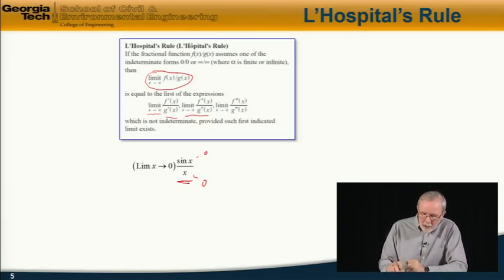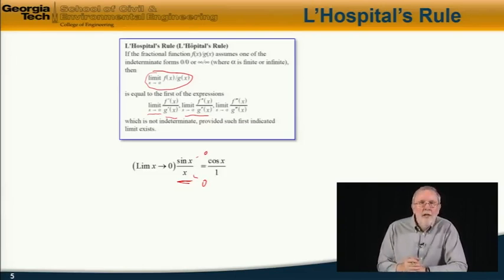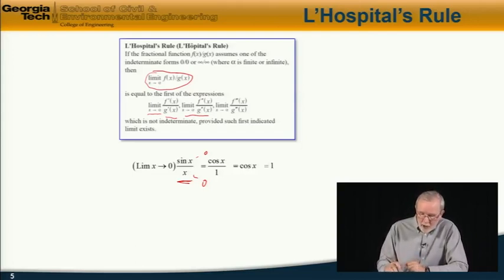If I apply L'Hopital's rule and differentiate the top and the bottom, the derivative of sine x is cosine x, the derivative of x is 1, therefore this tends in the limit to cosine x. And if I now substitute x equals 0 in that, we see that the limit of the function sine x over x as x goes to 0 is 1.